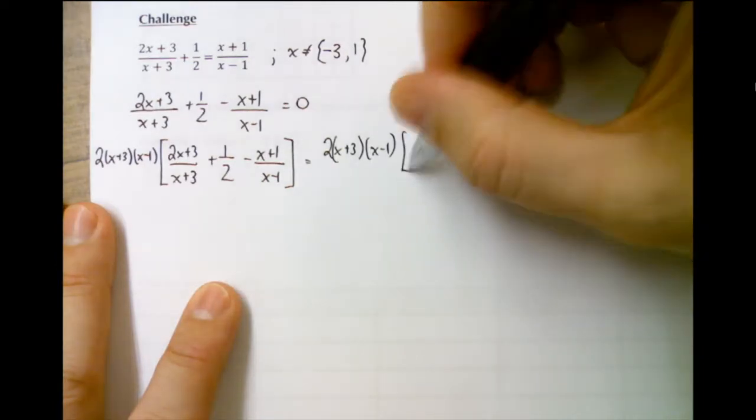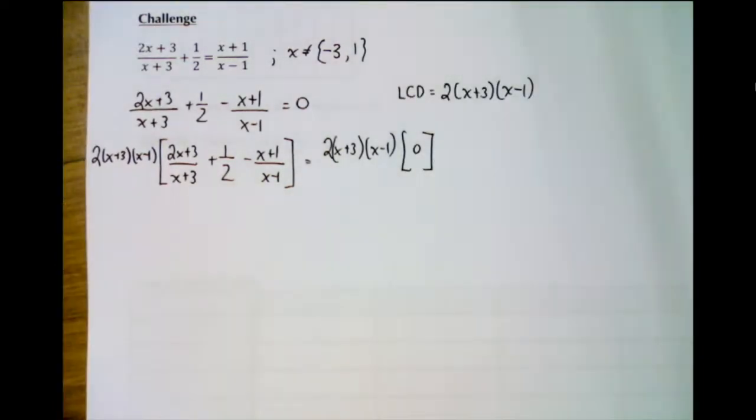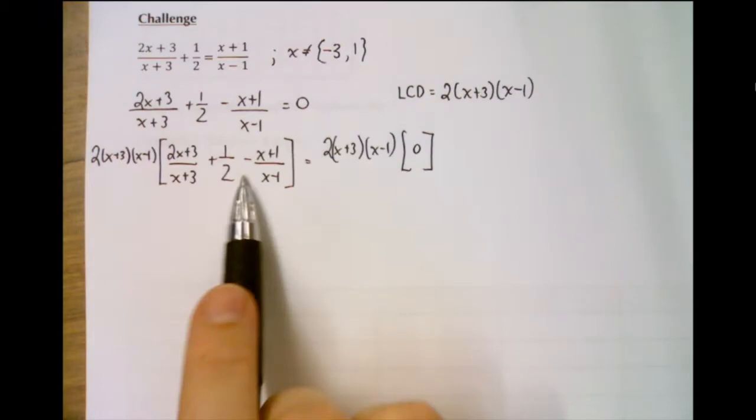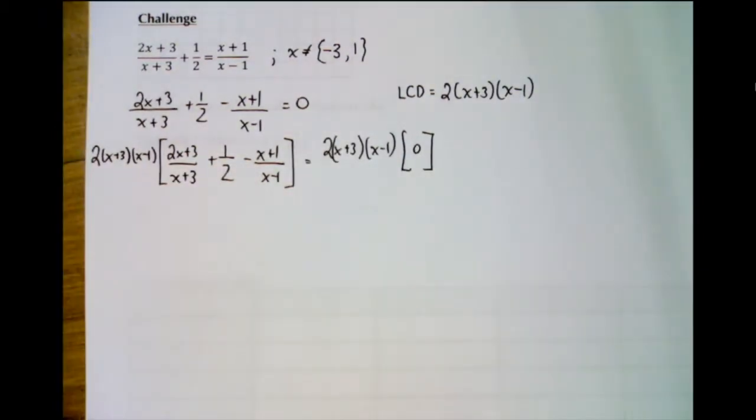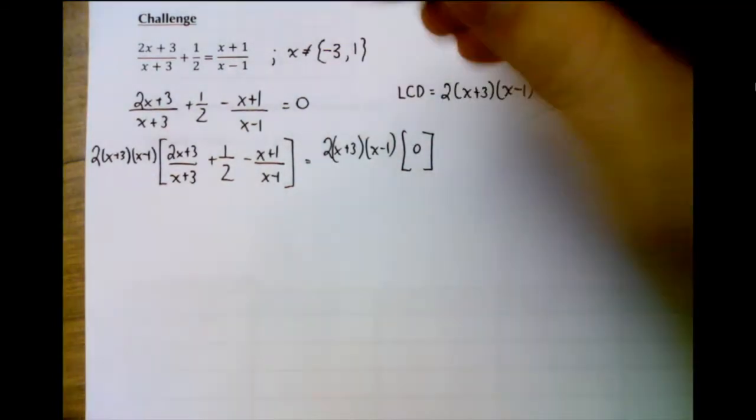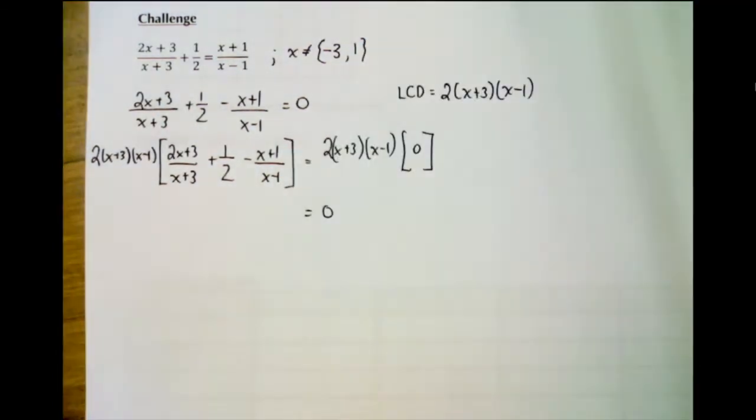And we're going to multiply all of that by 0. So in my big square brackets are what was originally on each side in the rational, and what's outside is my lowest common denominator. What's neat here is on the right side, we're multiplying by 0, so that whole thing becomes 0. That's by design.